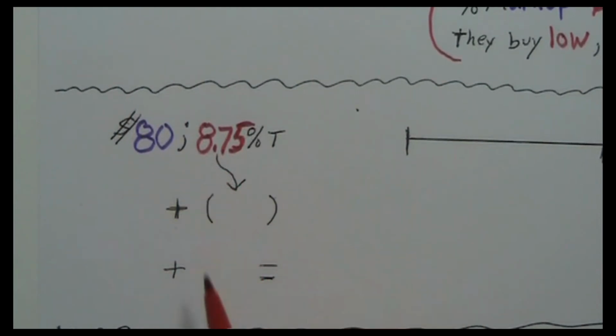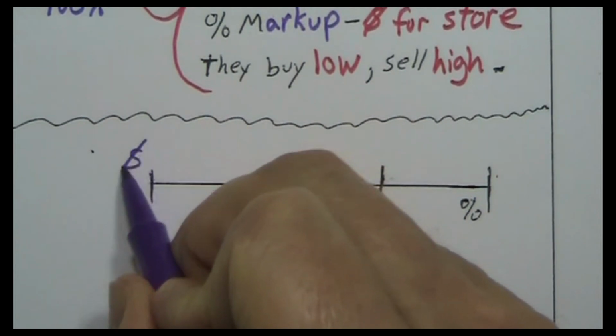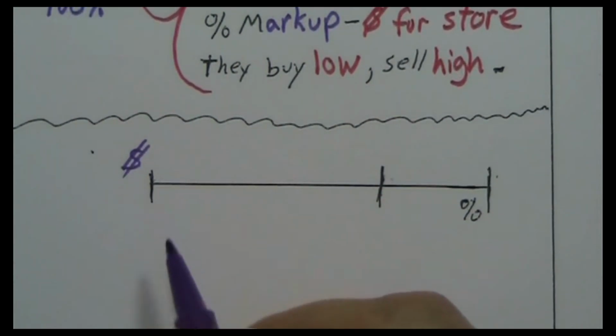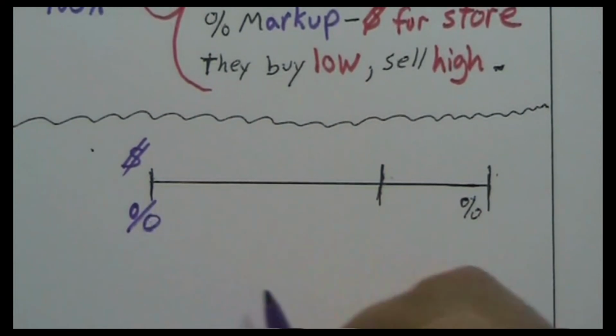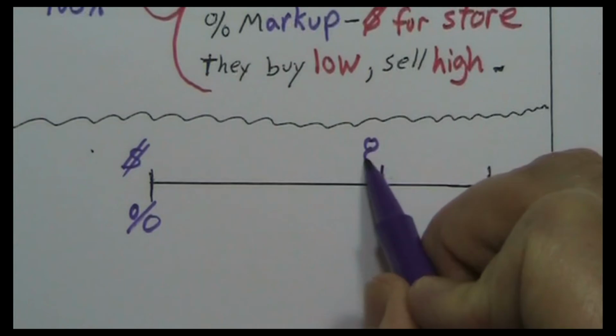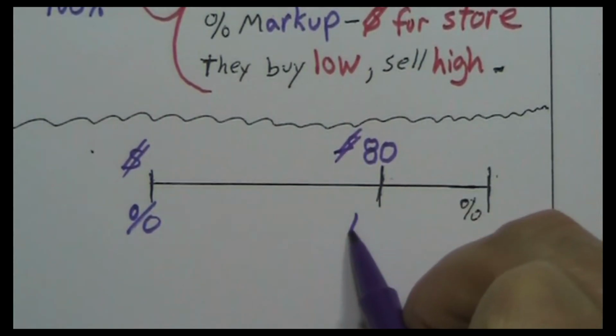That is the sales tax currently. Okay, let's look at the model real quick. So we have a picture in our minds. Dollars, percent, and it's going to cost us $80. That's 100%.